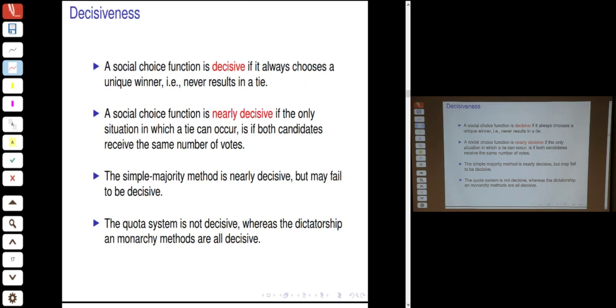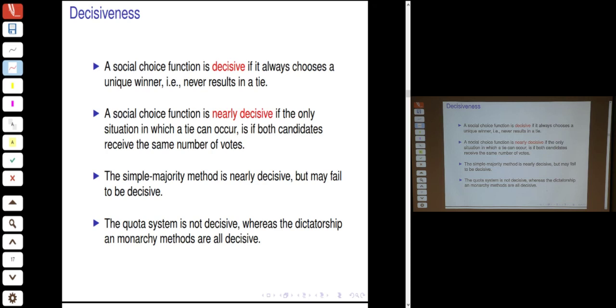So then another property is decisiveness. A social choice function is decisive if it always chooses a unique winner, that is, the method never results in a tie. A social choice function is nearly decisive if the only situation in which a tie can occur is if both candidates receive the same number of votes.